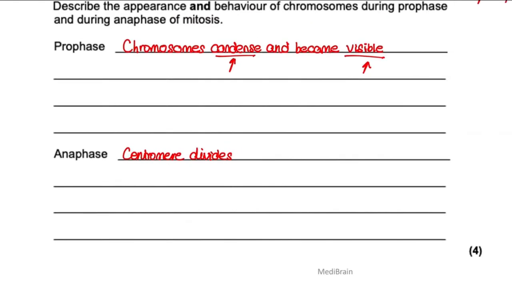Okay, so your centromere divides, and each individual chromatid is pulled to opposite ends of the cell.